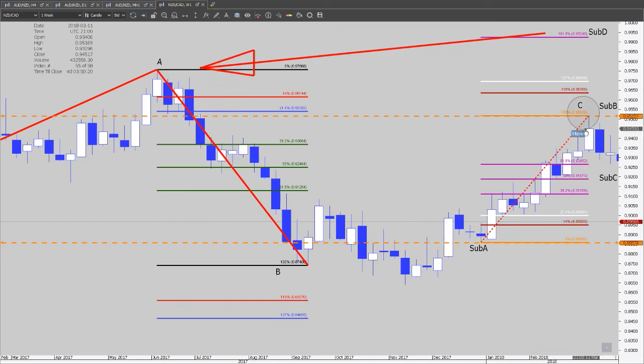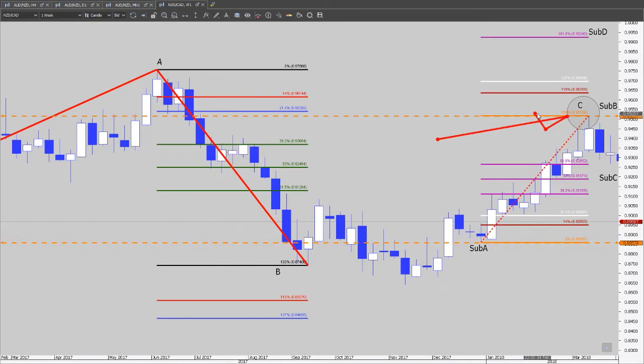Right? So this is the C. This is the highest point inside the AB boundary. In this example we have a down AB boundary, and this is the highest point inside the AB boundary after the B, before the market hits the appropriate D extension. Right?